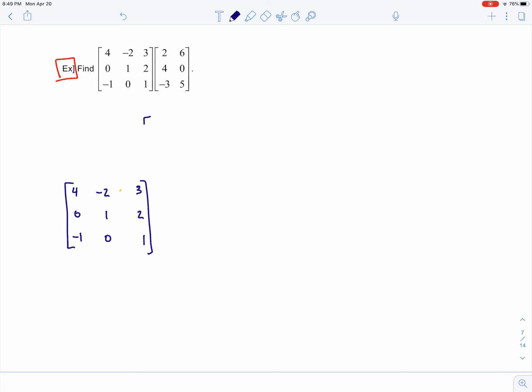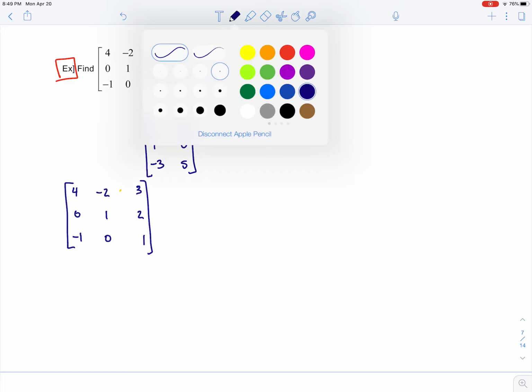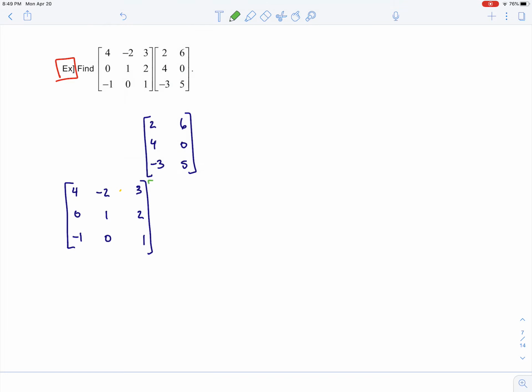I'm going to write my 3 by 2 matrix up here. So kind of built in, I can see the size of the product. The product fits exactly right here. And it looks like a 3 by 2 matrix.